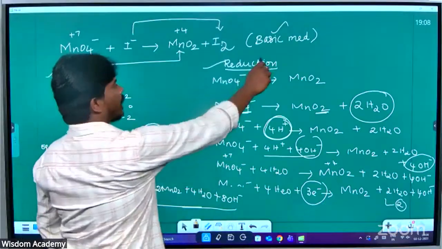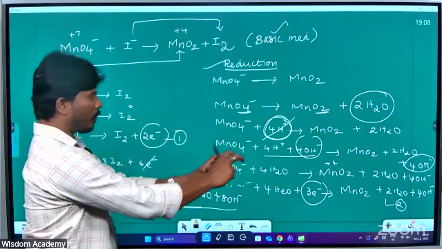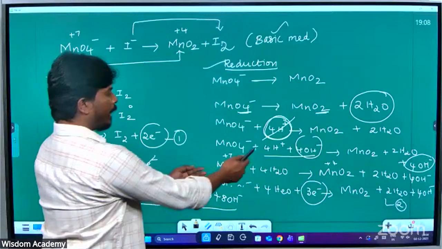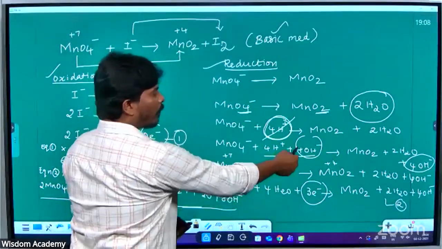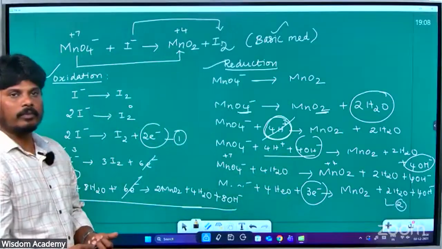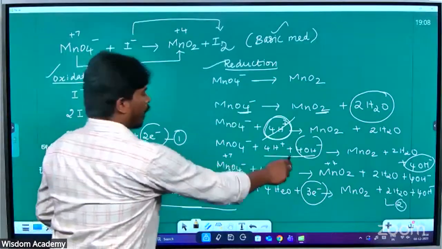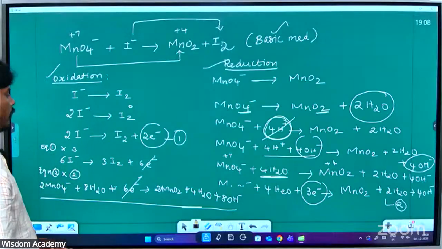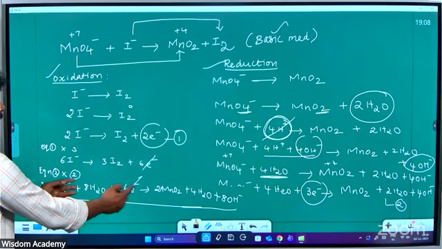But this reaction occurs in basic medium, so you have to remove the H plus. Can you directly remove H plus? No. So by adding a suitable number of OH minus ions, suppose 4 H plus, in case of 2 H plus you have to add 2 OH minus ions. Then these ions combine to form water. And finally we can remove water molecules on both sides.